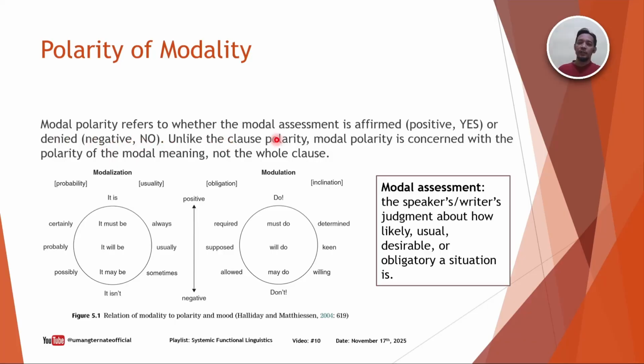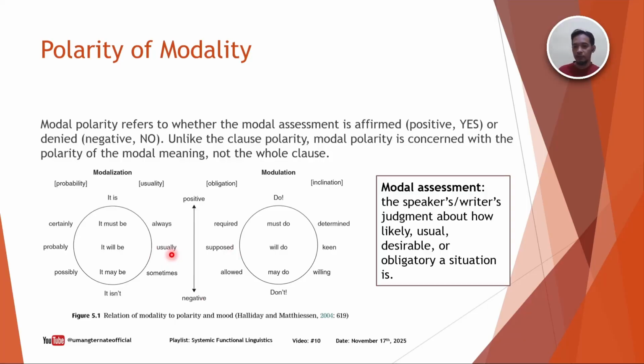But unlike clause polarity, modal polarity is concerned only with the polarity of the modal meaning and not the whole clause.